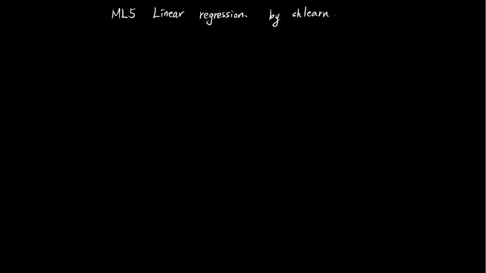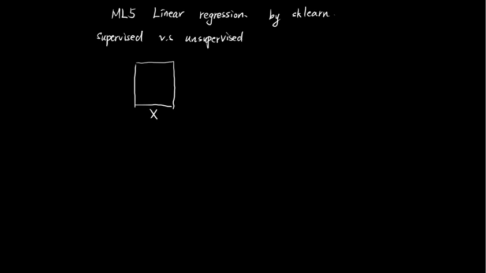So before we start everything, I want to recap what we have learned before and connect to what we are going to learn today. So it is about the supervised learning and unsupervised learning. So let's say we have a collection of data, and we usually write it as a matrix, right?